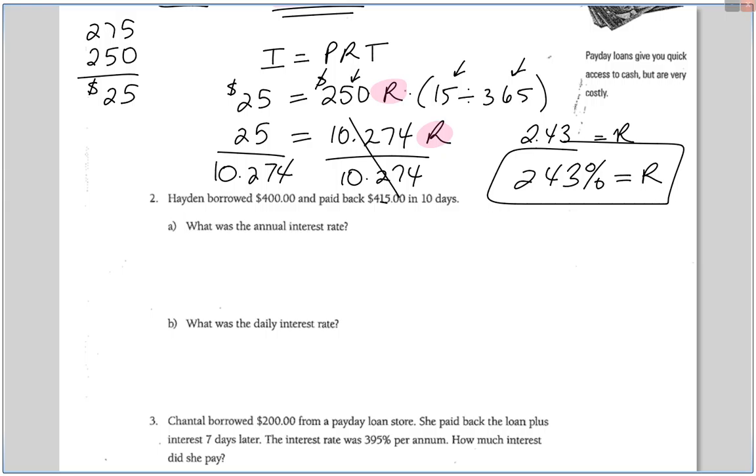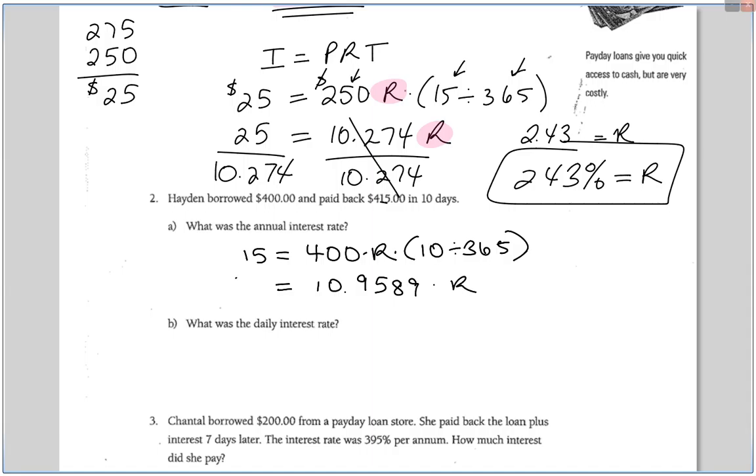Okay, so here Hayden borrows 400 bucks and paid back 415 in 10 days. So $15 is the interest that he paid. The principal was 400. The R is unknown and the time is 10 days. So adjust by dividing by 365. 400 times 10 divided by 365. You can solve for the coefficient on R, which is 10.9589 times R. Divide that out on both sides.